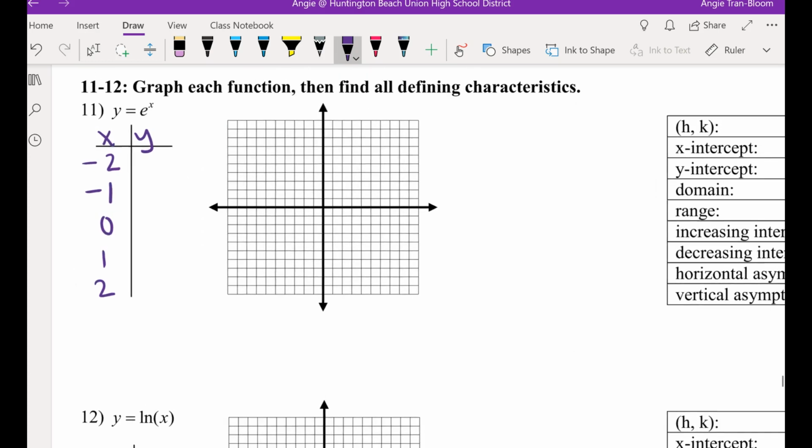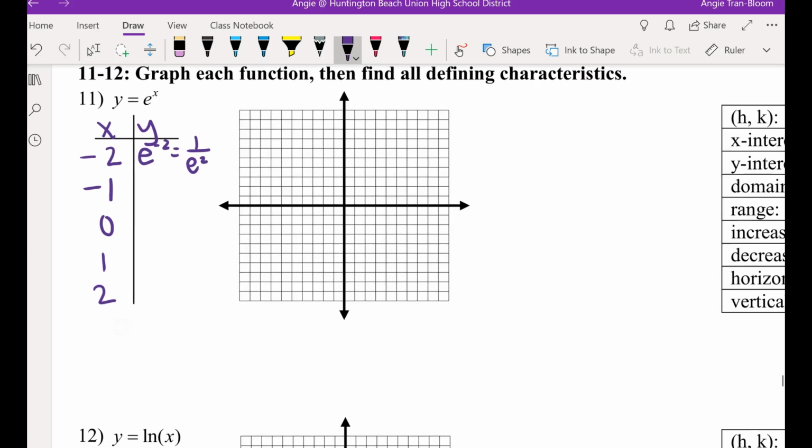Similarly, we're going to plug in e. E to the -2 is exactly the same thing as 1 over e squared. True or false? True. Now use your calculator. 1 divided by e squared is what? 2 decimal places, okay? So punch it in. Get it ready.